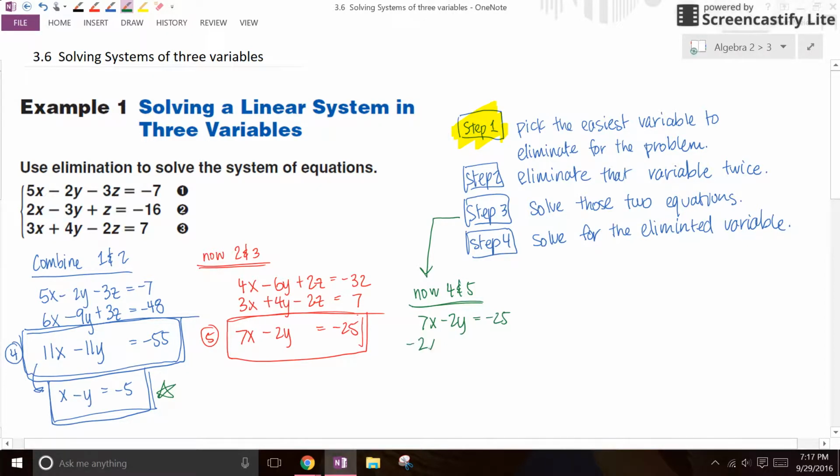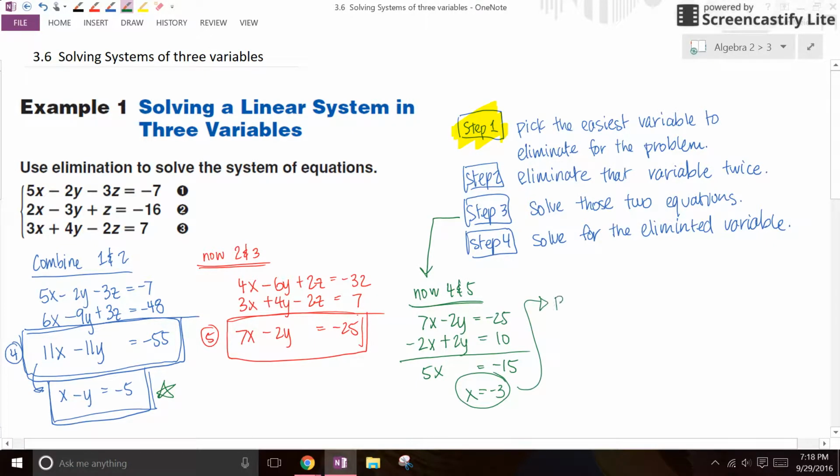So negative 2x plus 2y equals 10. And I finally get 5x, the y's cancel, equals negative 15, or x equals negative 3. And I finally got one answer. Hallelujah. Now I can go back anywhere to 4 or 5 and plug it in.